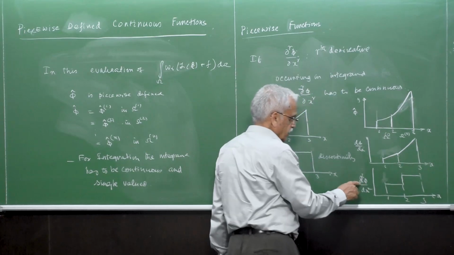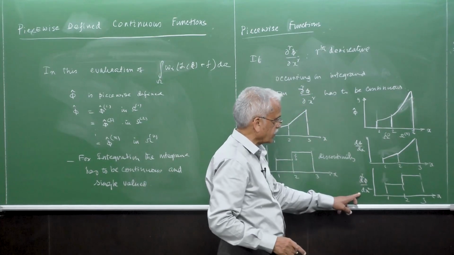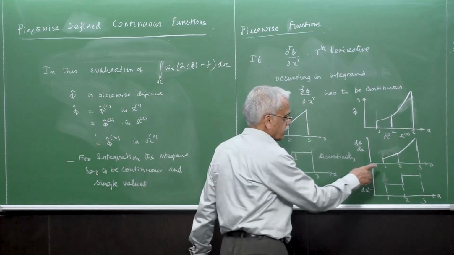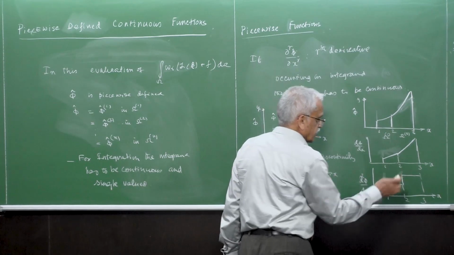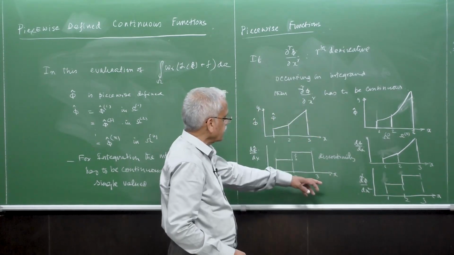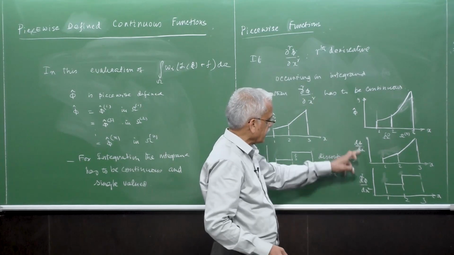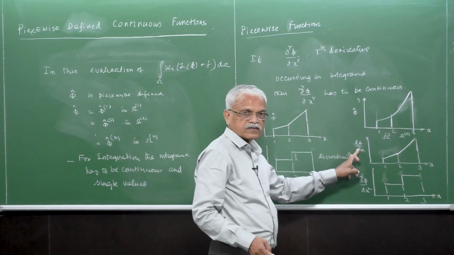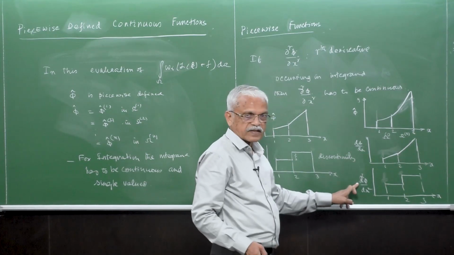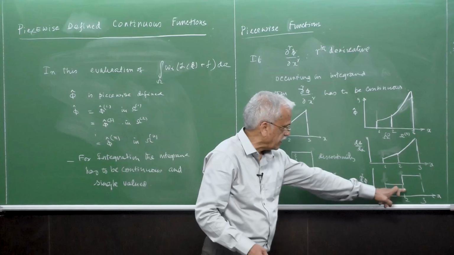Then we have d square phi by dx square. If you take the second derivative, it looks like this. Compared to the previous one, here the phi hat is good enough. The first derivative is fine, but only the second derivative has a discontinuity.